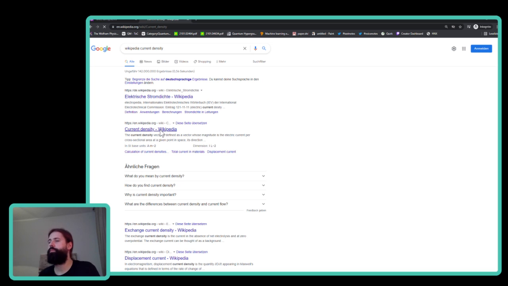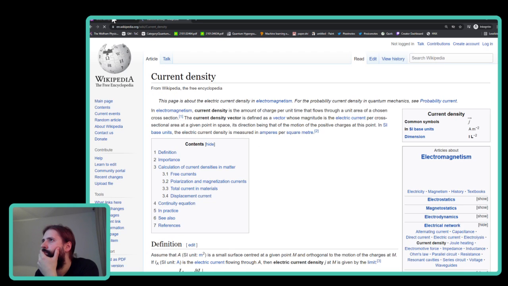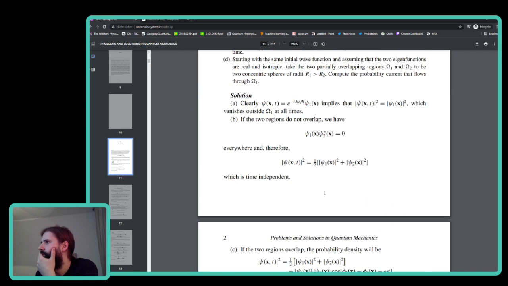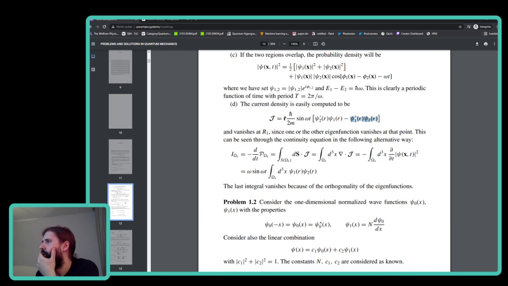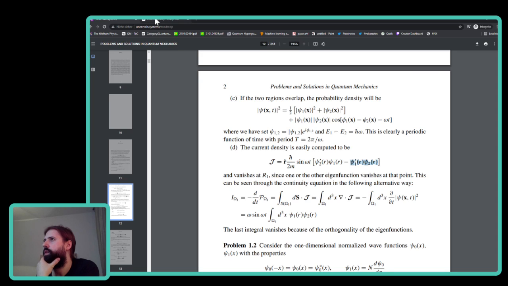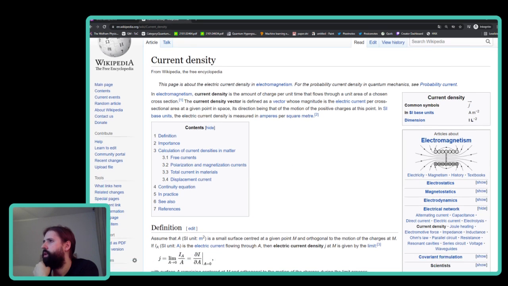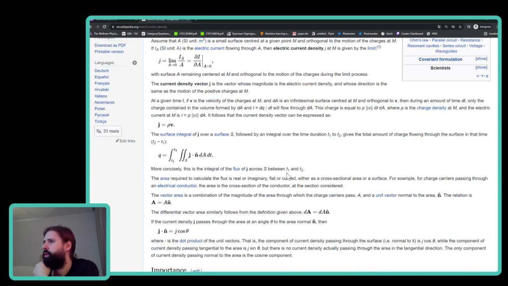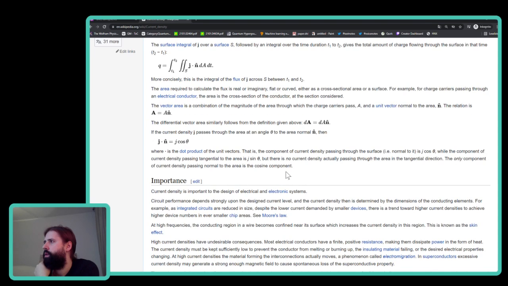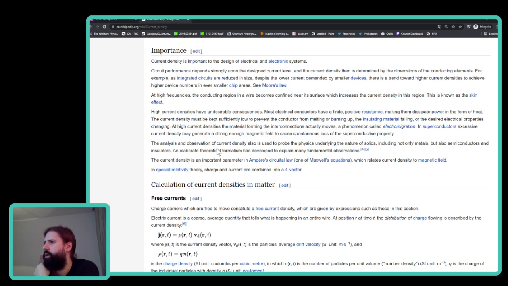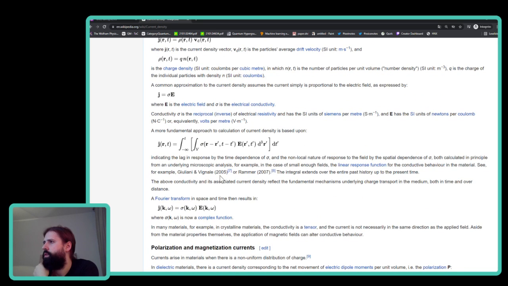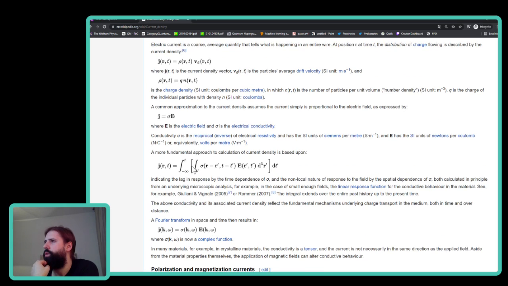Probability current density. We've got integrals, right?